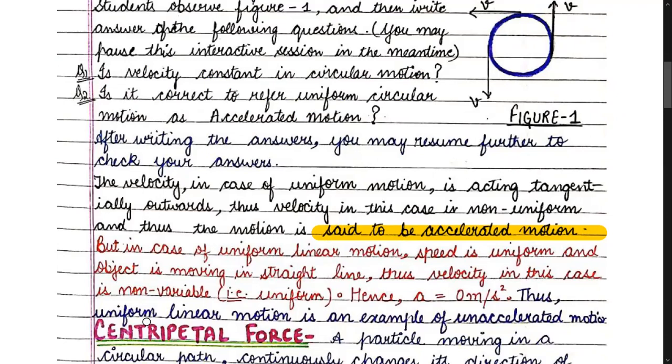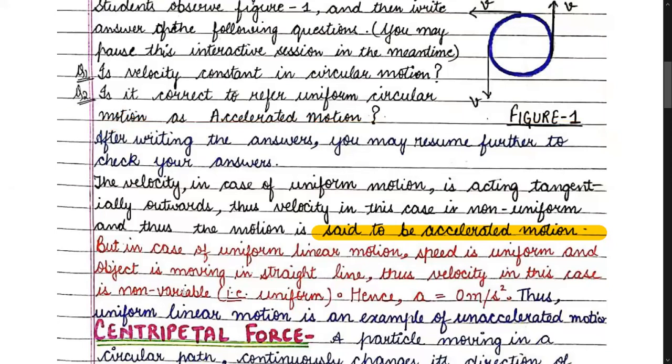The object covers the same distance in equal intervals of time, in the same path. Thus, here speed is uniform and velocity is also uniform.